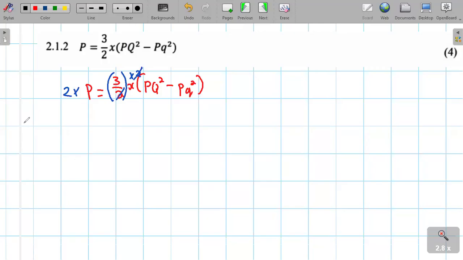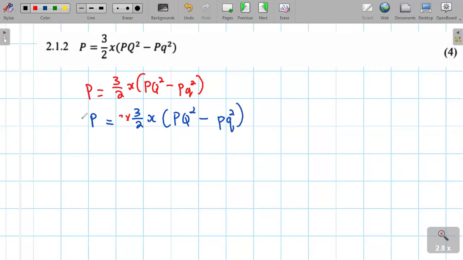Okay, let me rewrite this in a nice way. We have p equals 3 over 2 x times (pq squared minus pq) all squared. I'm just going to multiply by 2. This and this cancel. I am left with 2p equals 3x times (pq squared minus pq) all squared.